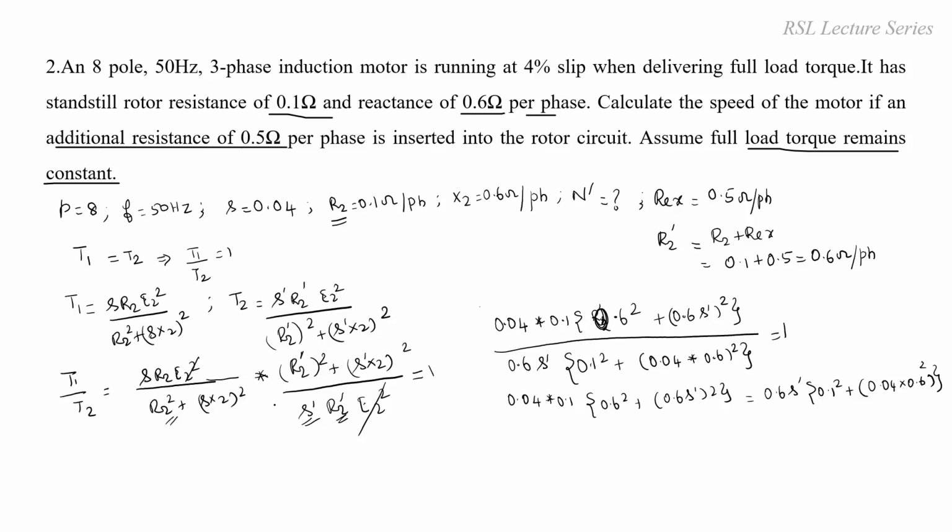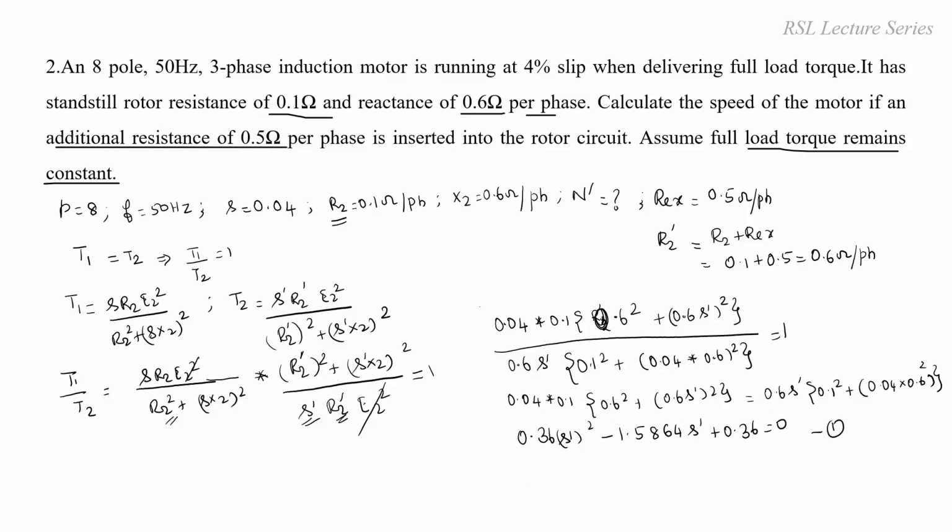On simplification we get a quadratic equation in S dash: 0.36 S dash square minus 1.5864 S dash plus 0.36 equals 0.